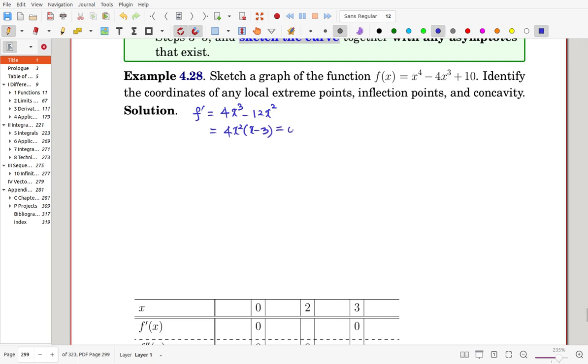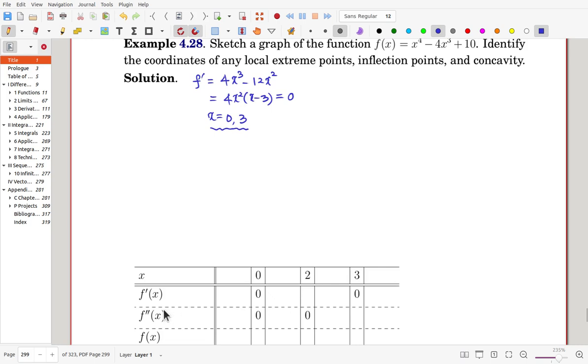If it is 0, then x is 0 and 3. These are critical points.